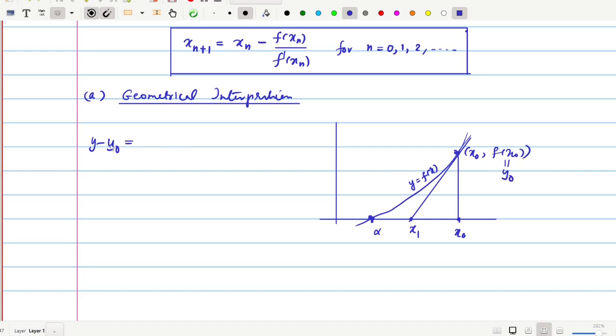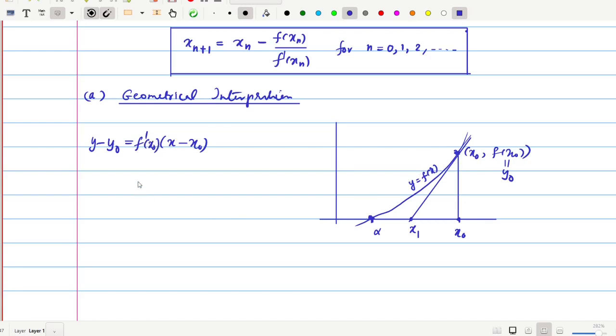Then the equation of the line will be y minus y naught equal to slope into x minus x naught. Then what is the slope? The slope is the derivative of f at this point, so f dash of x naught is the slope of the tangent at this point.